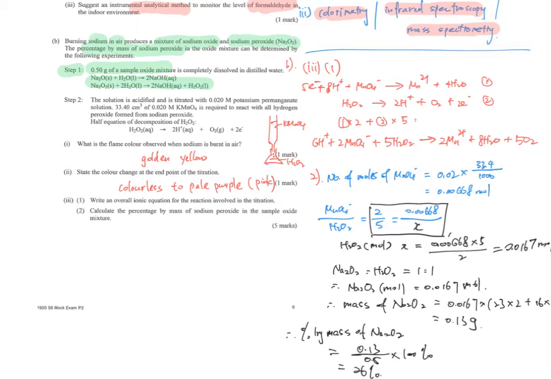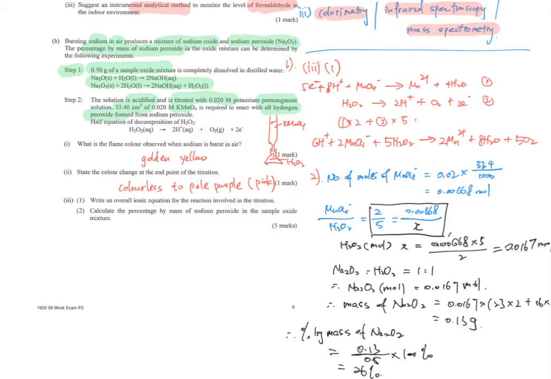And then this solution is acidified and titrated with a titrant, 0.02 M potassium permanganate solution, a very common titrant, and it needs 33.4 cm³ of this potassium permanganate to react with all the hydrogen peroxide formed from sodium peroxide.